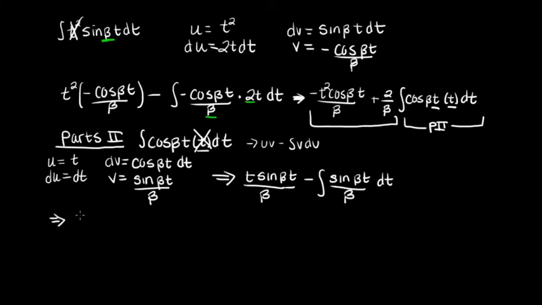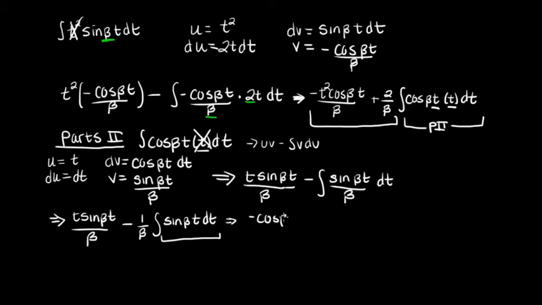Let's go ahead and clean this portion up. We have t sine beta t all over beta. I'm going to pull out this 1 over beta once again. He is our constant. And then we're left with the integral of sine beta t dt. We know the antiderivative here of this guy is negative cosine beta t all over beta.